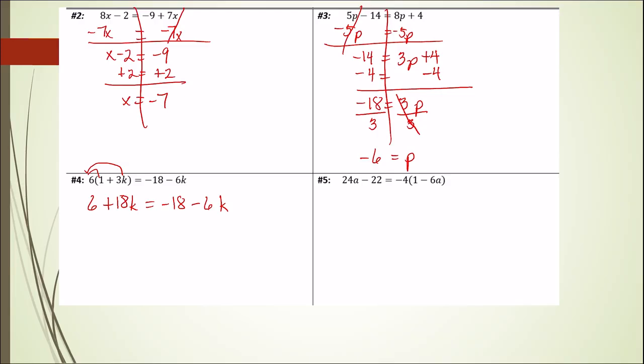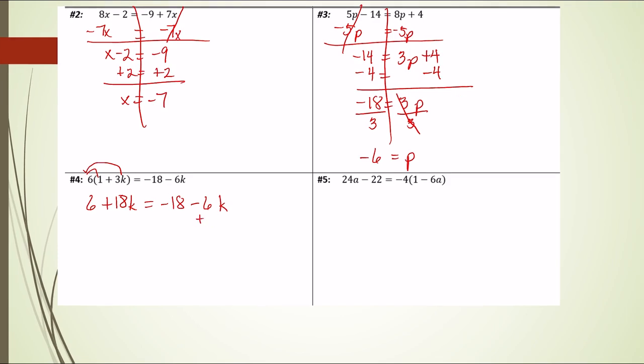Which group of k's do I want to move? Well, I want to end up with a positive amount, so I'm going to add 6k to both sides, and I get 6 plus 24k is equal to -18.